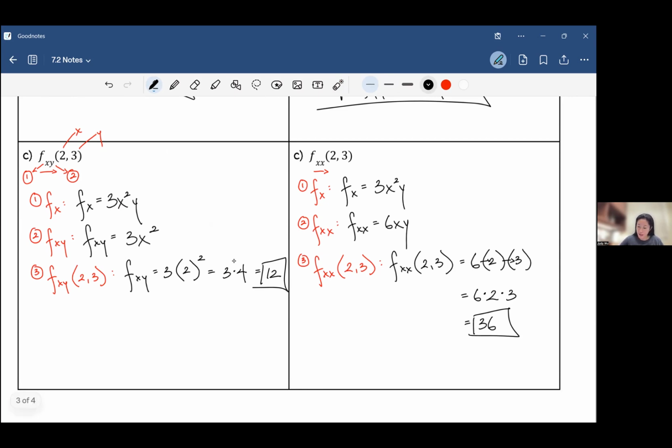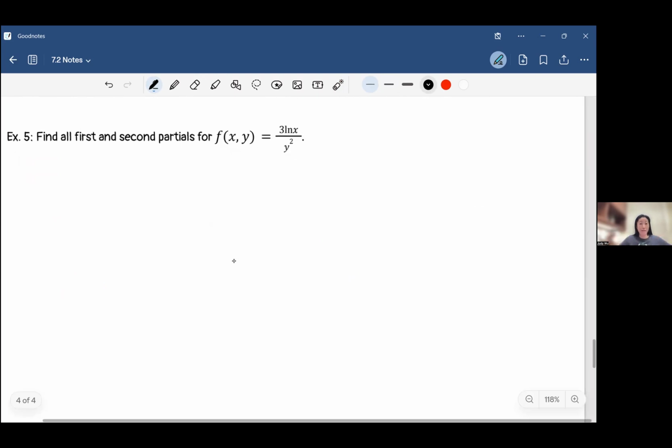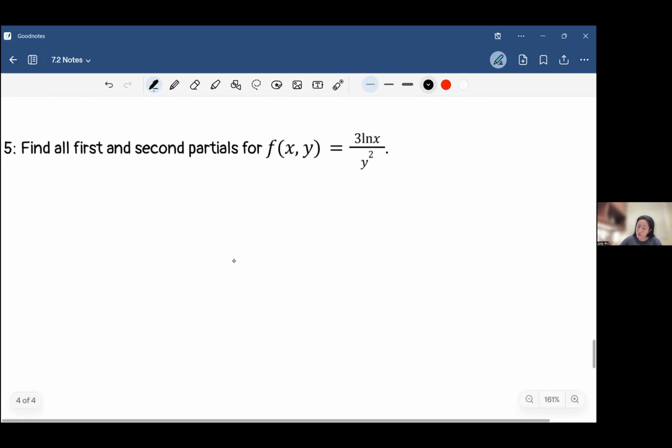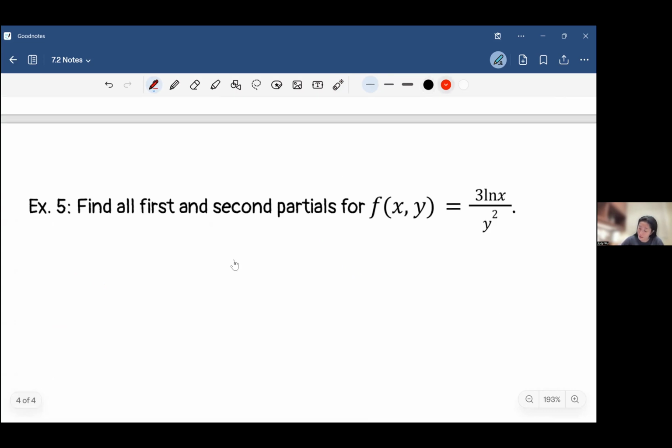Okay. Let's go ahead and find them all. So these kinds of directions, find all first and second partials. This is where I really want us to know what it's asking, right? We should come up with 2 first partials, and we should come up with 4 second partials.